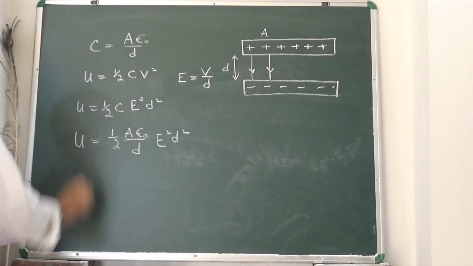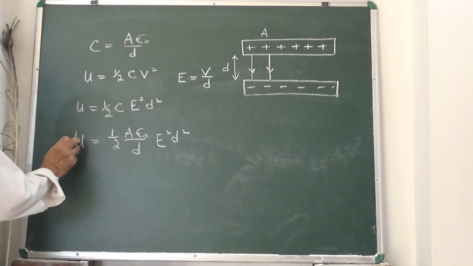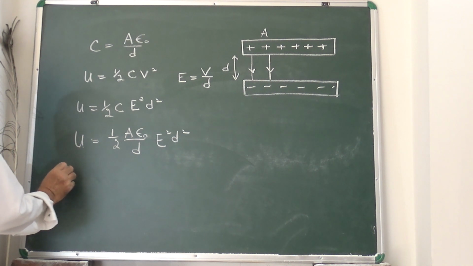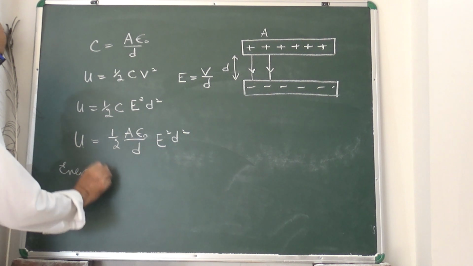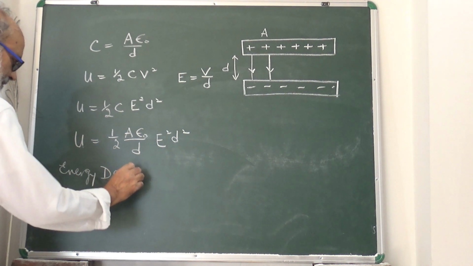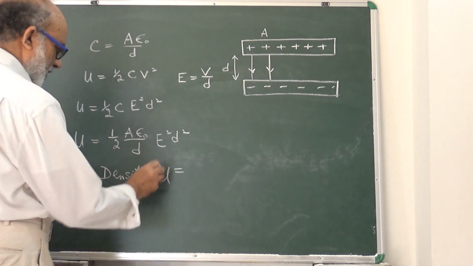This is the potential energy within the plates. Now, if you want to find the potential energy density, it is the energy divided by volume.